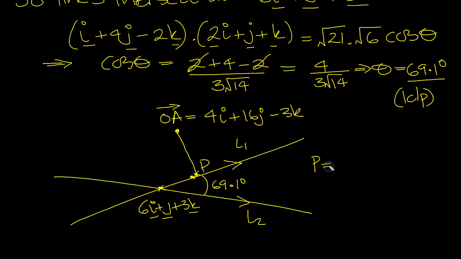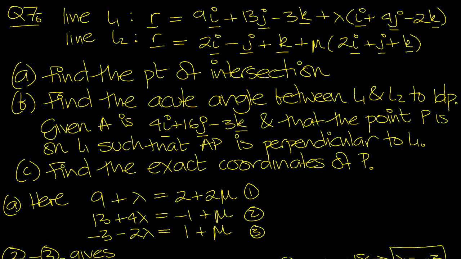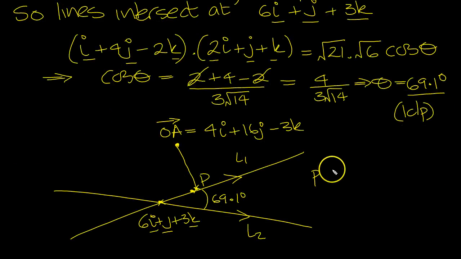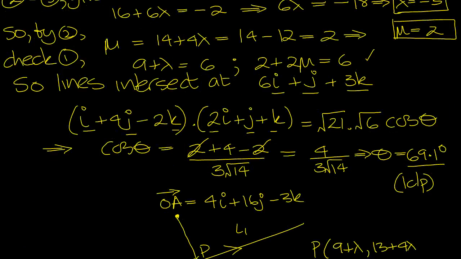P is equal to, coordinates wise, it's on L1, so L1, 9 plus lambda, 13 plus 4 lambda, and minus 3 minus 2 lambda. I'll just write coordinates here for the moment.